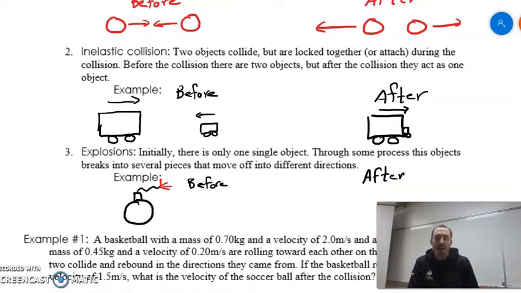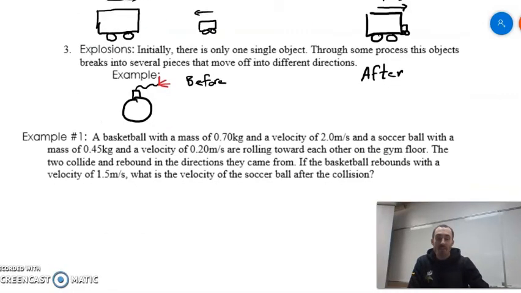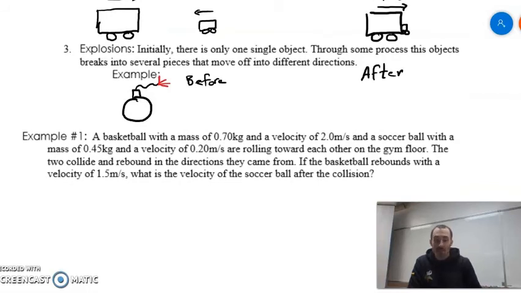It's not two things colliding, but still. So after, you're going to have your one object becoming multiple objects. Okay, so before you had one single object, and after, let's say you have three objects, and they're all moving off in different directions.